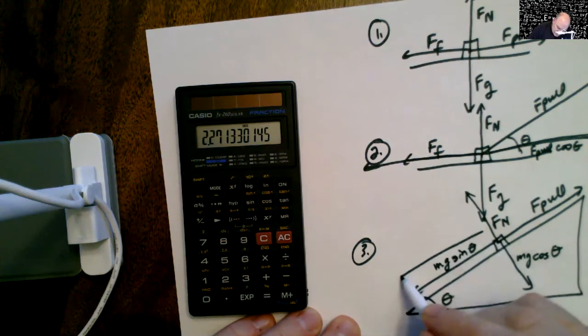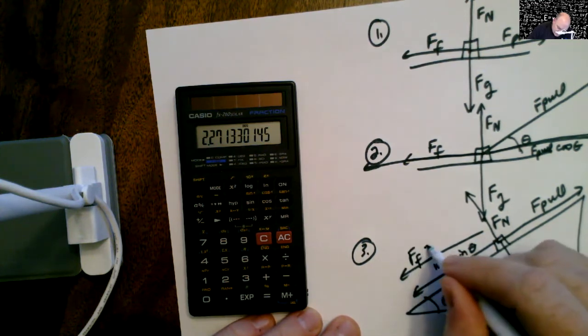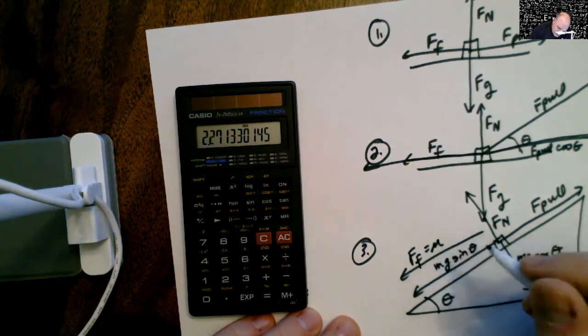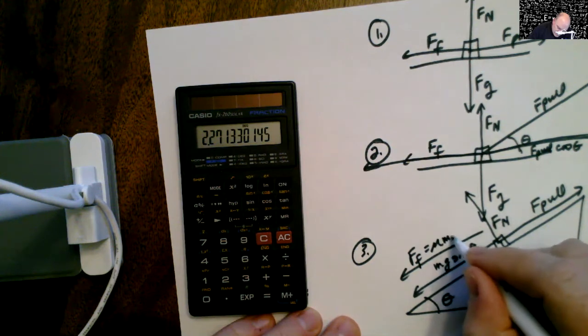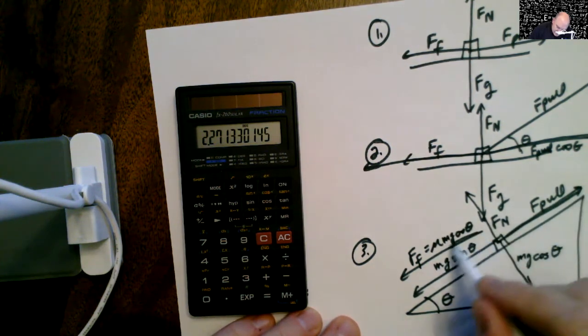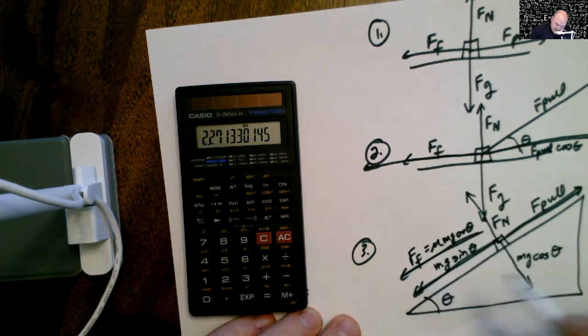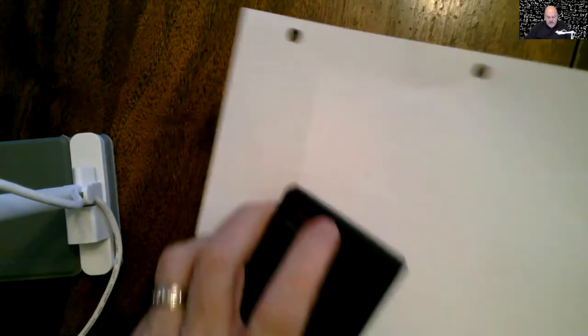And we would also, going down, have a friction force, and that'd be equal to mu Fn, and Fn is mg cosine theta, so it'd be mu mg cosine theta. So this F pull needs to equal this and this if we're going up at a constant velocity. So those are the 3 FBDs for part 2 that we had to draw.